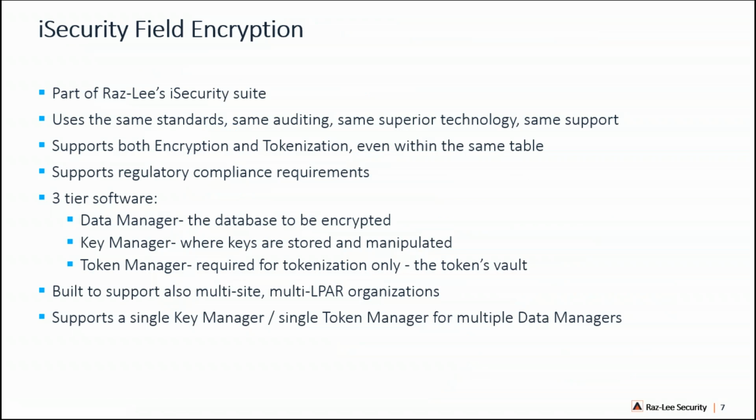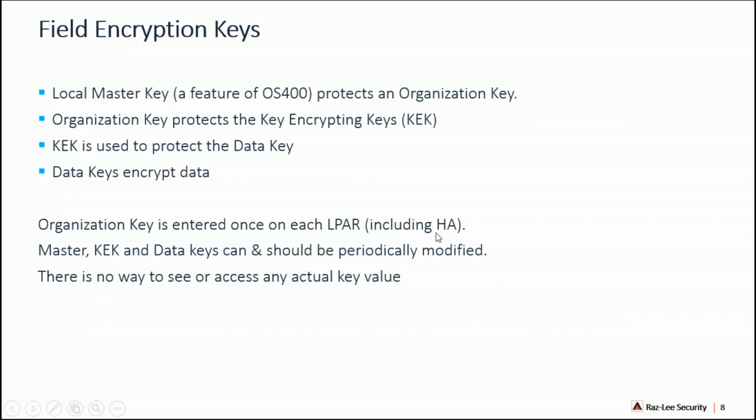I hope this was clear enough, and if not, ask me later. So what we have here is just a summary of what I've just mentioned. So let's skip it and go further to the next slide.